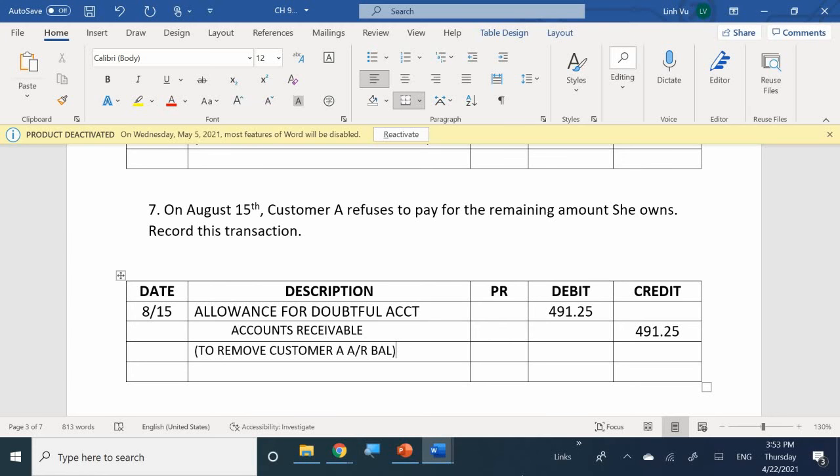So we're not going to write it off just yet. We're not going to assume anything more except that they owe us this. They may potentially pay us again in the future. So that's all the allowance for doubtful accounts is: we know who, we know how much, and we know when.